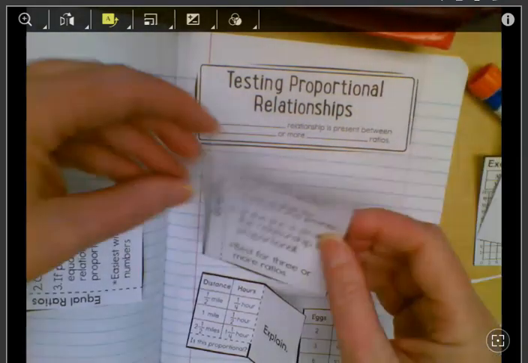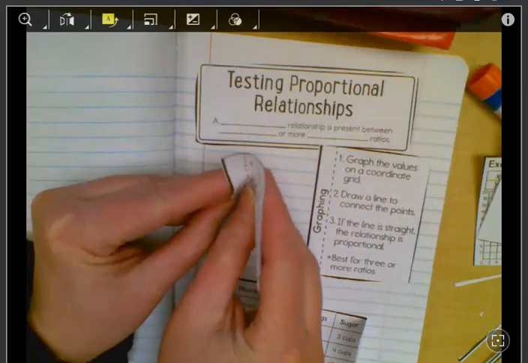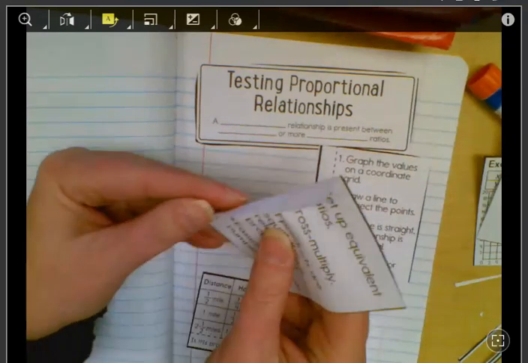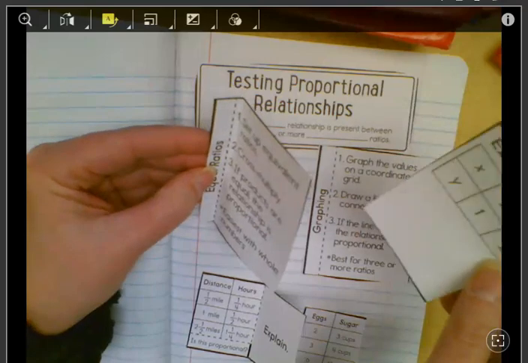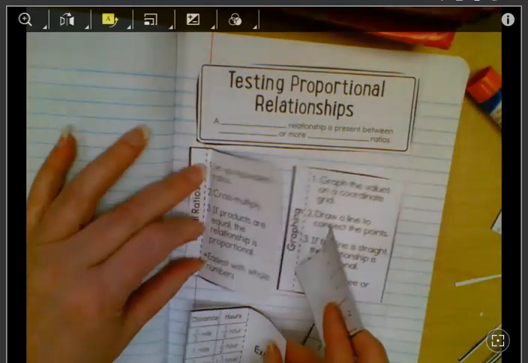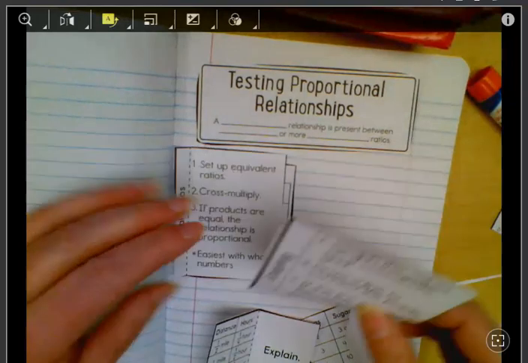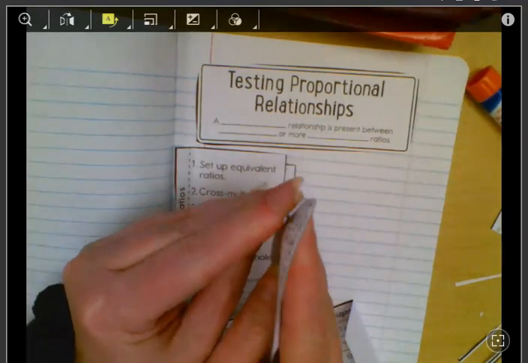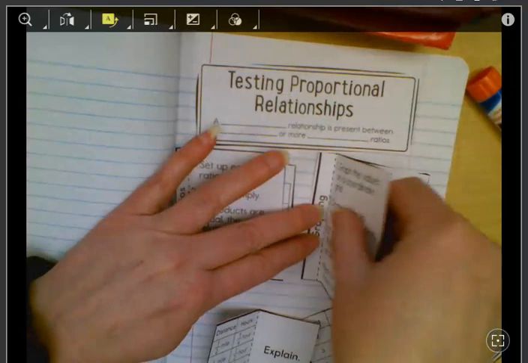So this one says graphing, this one says equal ratios. You're only going to glue it on that little strip. And because this one says equal ratios, you're going to put the equal ratios one underneath of it. So that's going to be glued, and this is going to be glued underneath. And this is going to be folded. And this one says graphing, so your graph goes underneath of that one. This is going to be folded here.